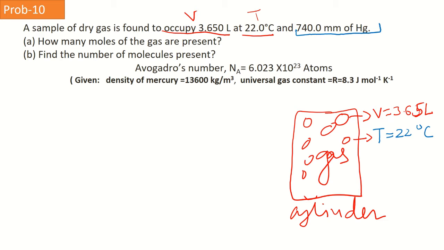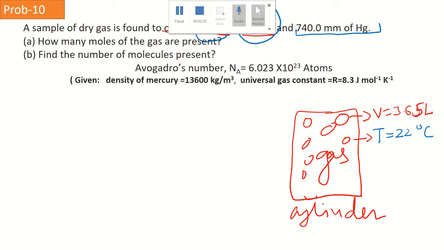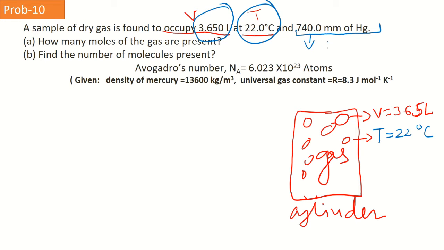Actually, the question wants to give the value of the pressure. So this is the gas, and this is the volume of the gas, and this is the temperature of the gas, and this is the pressure of the gas, but the pressure value is not given directly.